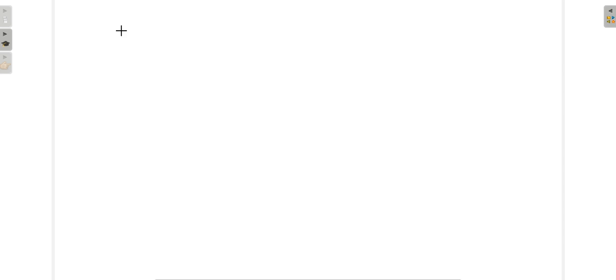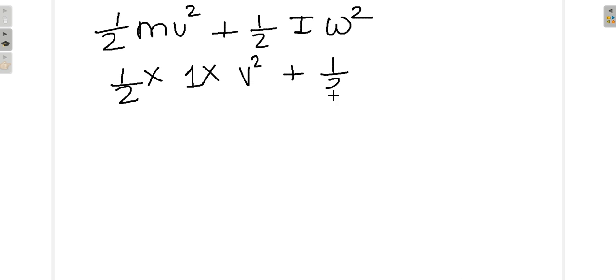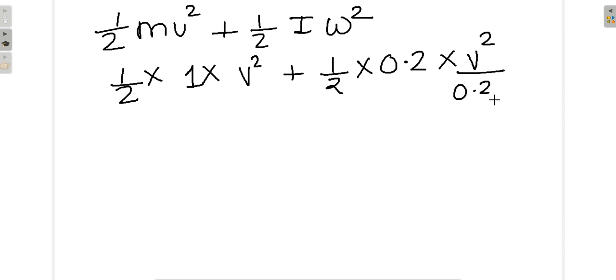So the kinetic energy is half m v square plus half I omega square, which is half, mass of the block is 1, velocity we don't know, plus half, moment of inertia of the pulley we know 0.2, omega square is v square upon r square, and radius is again 0.2.